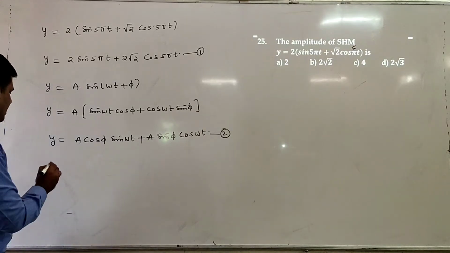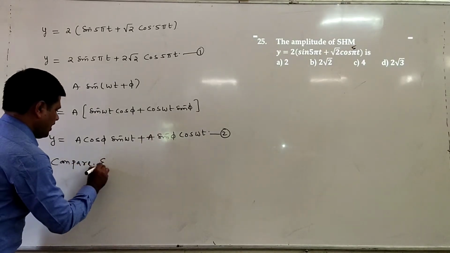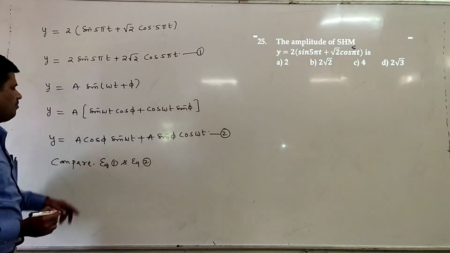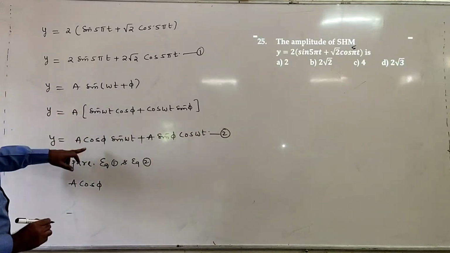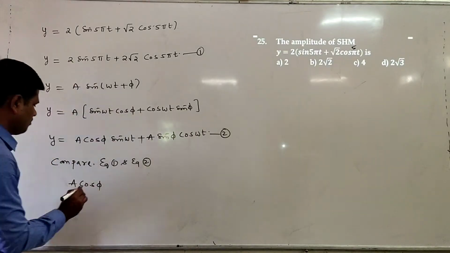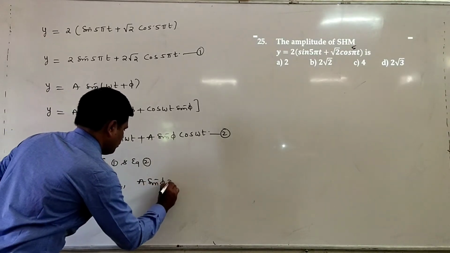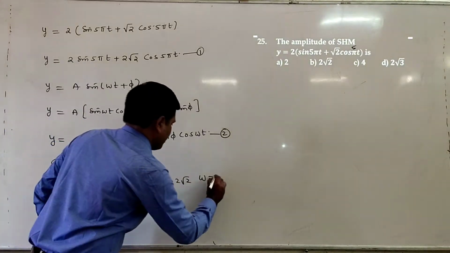Now compare equation 1 and 2. What are we getting here? a cos φ is equal to 2, a sin φ is equal to 2 root 2, and ω is equal to 5π.